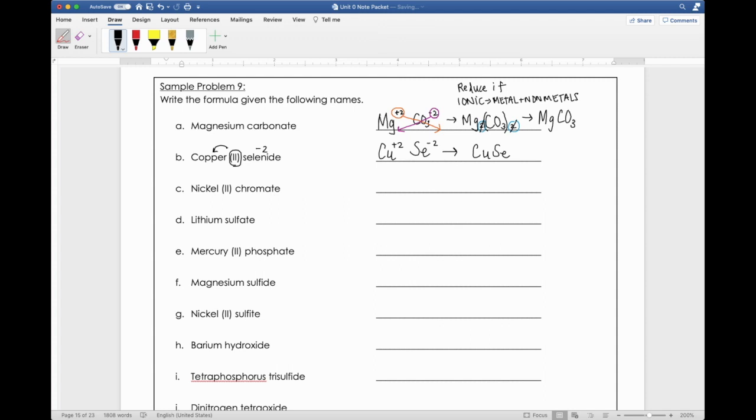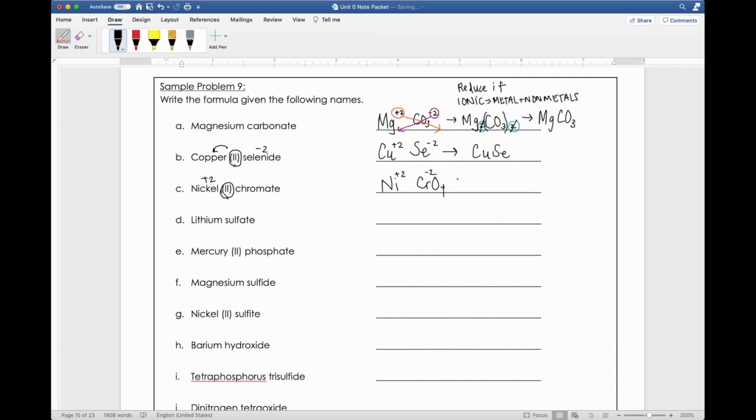Nickel 2 chromate. Nickel does have a charge of +2. Nickel has multiple charges, so we have to say which one it is in this case. And chromate is a polyatomic ion. So let's get this stuff down. Nickel is a charge of +2. And chromate is CrO4 with a -2 charge.